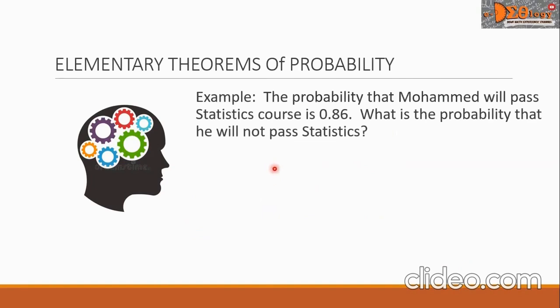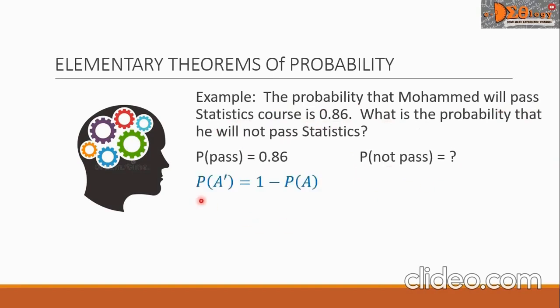Let's have an example. The probability that Mohammed will pass his statistics course is 0.86. What is the probability that he will not pass his statistics? The probability of passing is 0.86, and the probability of not passing is what we want to know.